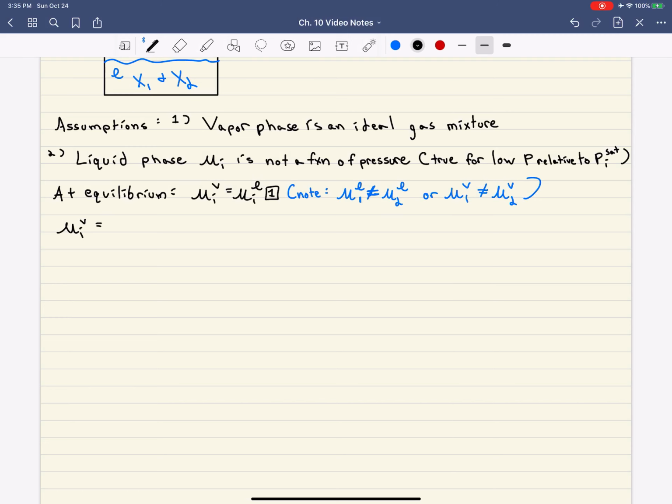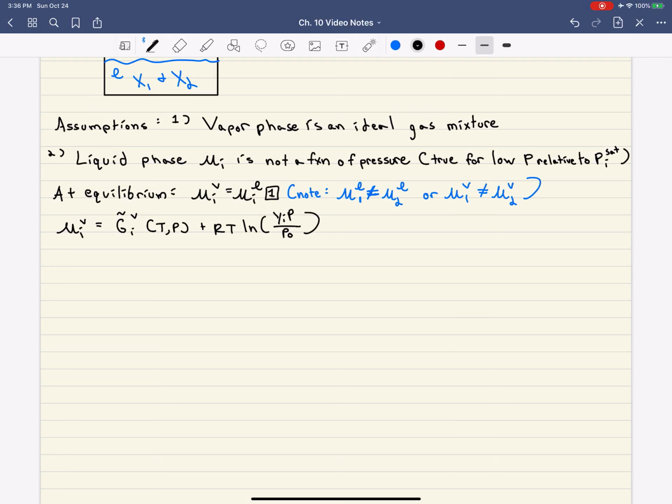And so when we think about the chemical potential in the vapor phase, we could say that that's equal to the molar Gibbs energy of the pure component in the vapor phase at some temperature and pressure plus RT ln of the partial pressure, which is Yi times total pressure, over some reference pressure.